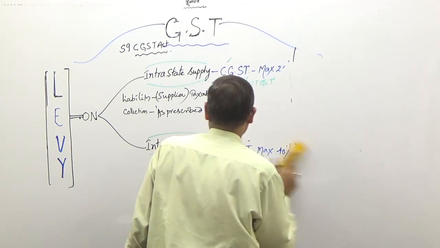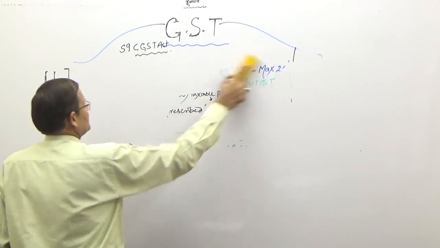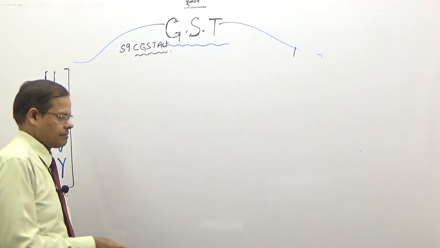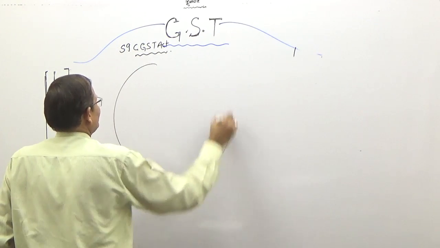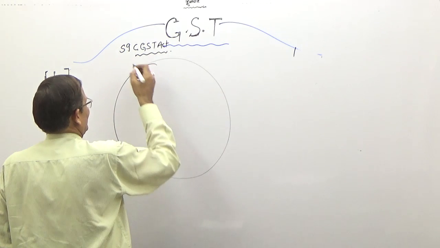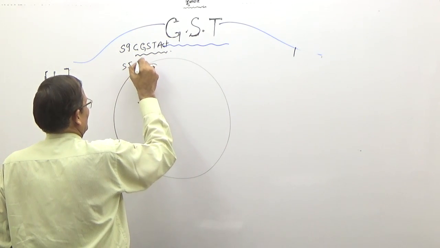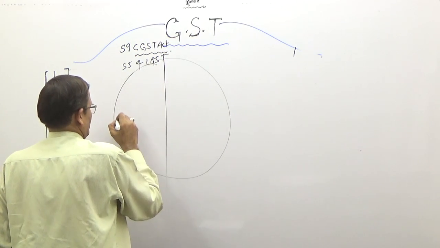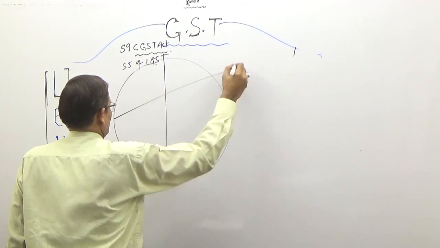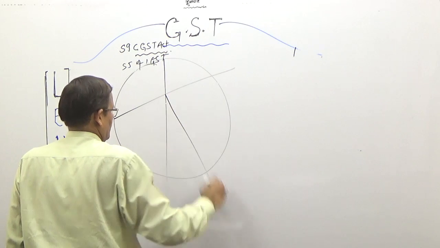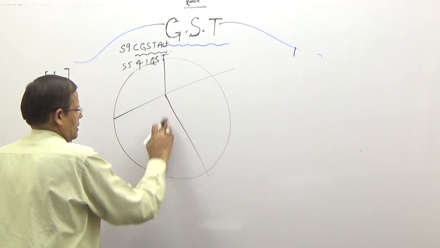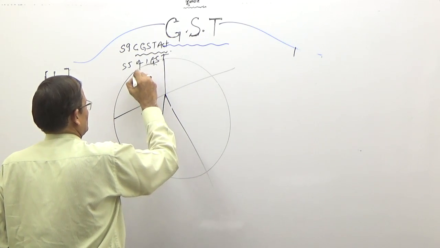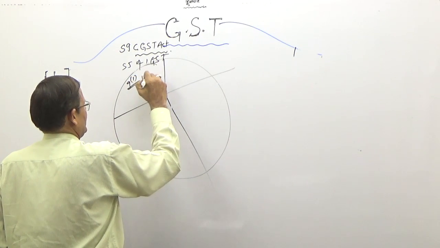Let me put it in a nutshell. Whatever I have discussed, I want to put it in a nutshell. See, whether it is section 9 or section 5 of IGST Act, concept is same. Say section 9(1) is talking about levy.